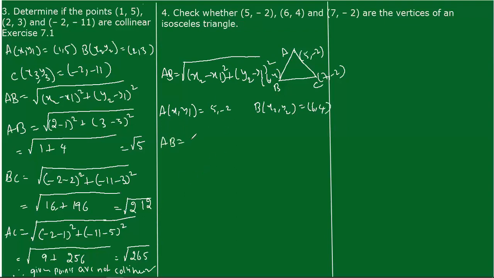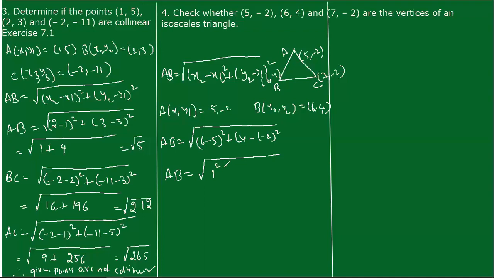Now we can apply the formula. AB is equal to the root of (x2 minus x1). x2 is 6, x1 is 5, so 6 minus 5 whole square, and 4 minus (-2) whole square. 6 minus 5 is 1, 1 square means 1.